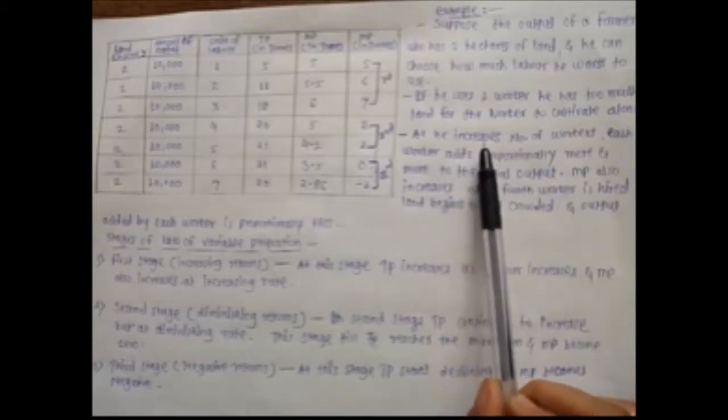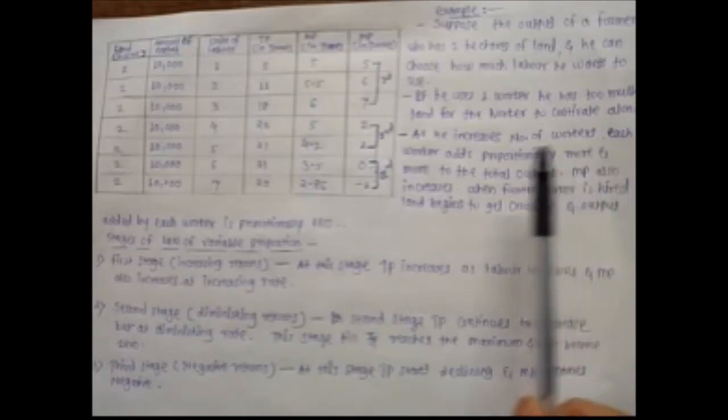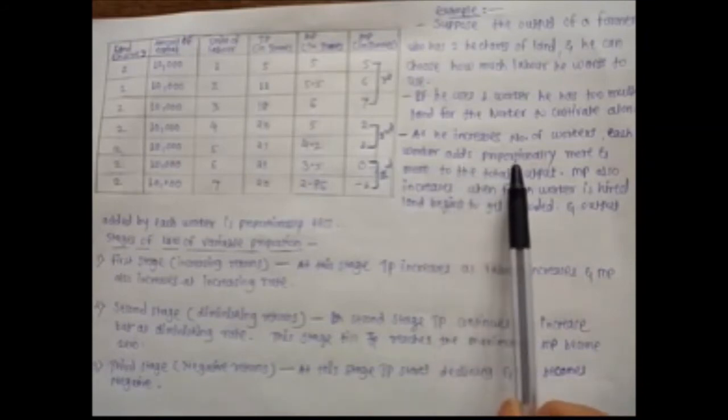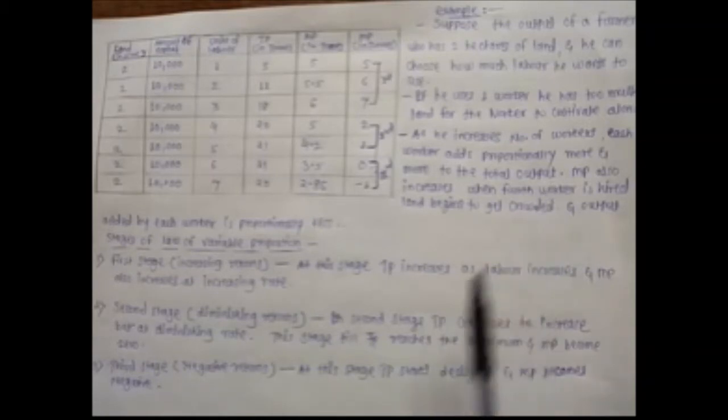If the farmer increases the number of workers, then each worker adds proportionally more and more to the total output, means to the production.